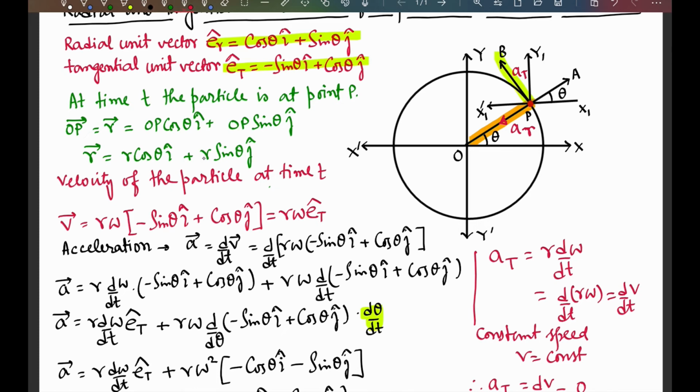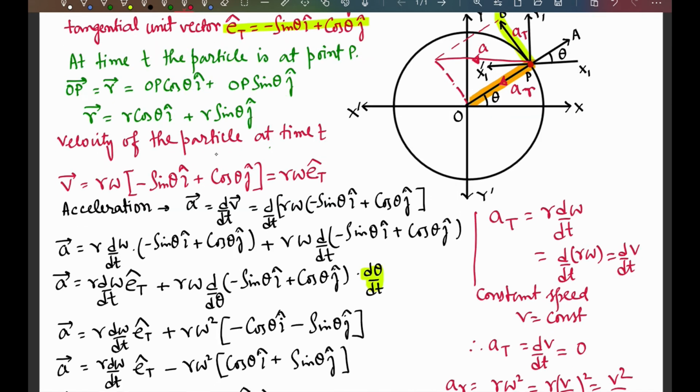One is along the radius, another along the tangent. Then for the resultant acceleration of the particle, we have to draw a parallelogram here, and the diagonal from point P represents the resultant, that is A.